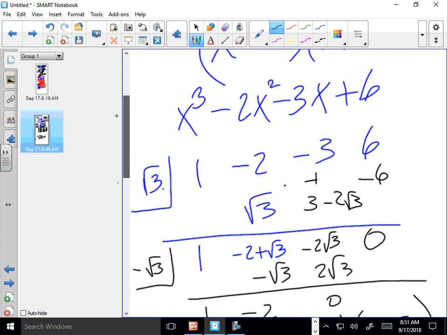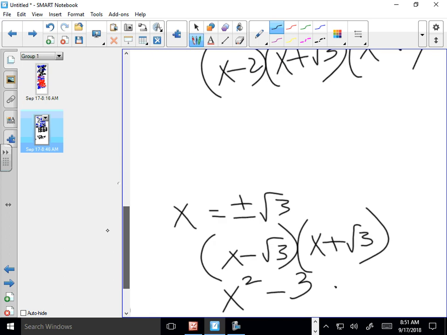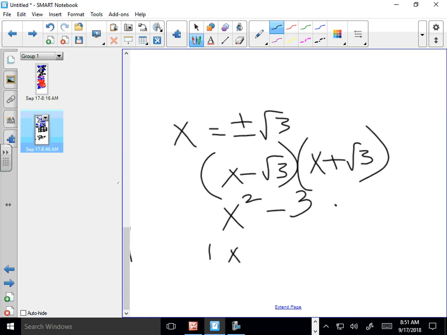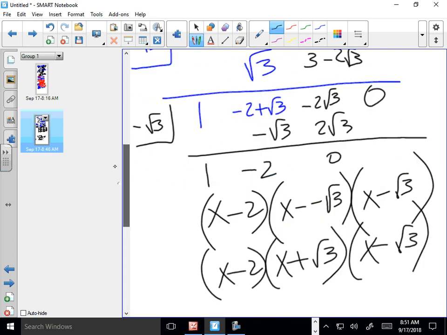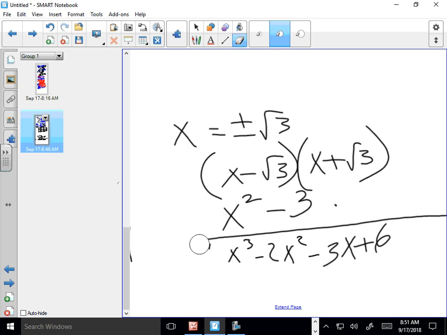So what was our polynomial? 1x to the third minus 2x squared minus 3x plus 6. That's the thing that I'm dividing into, and what is my divisor?